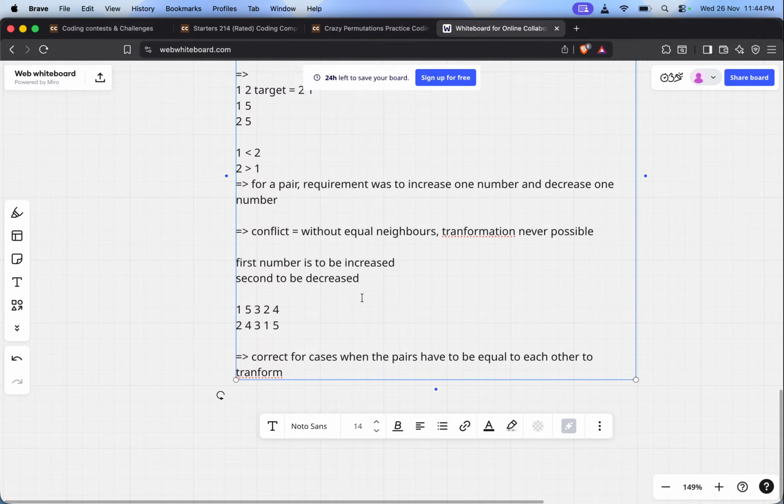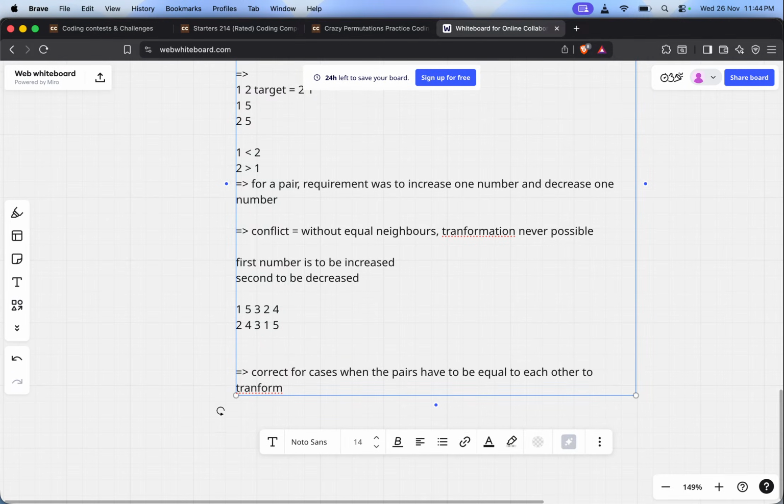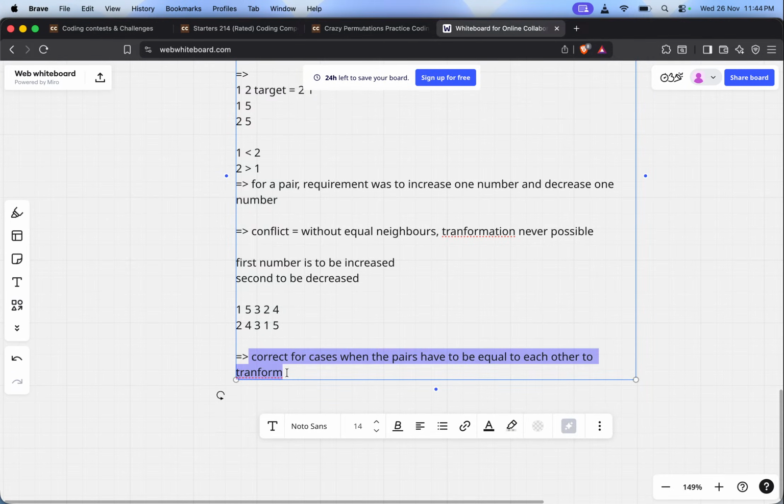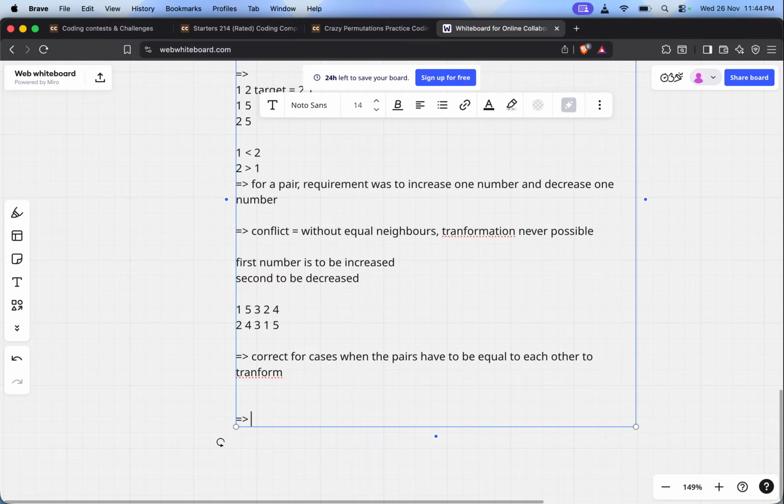Alright. So our previous observation was that this should hold for all cases to be transformed, and during the transformation, the first number should never collide or conflict with the second number. So how can we write this in the form of a mathematical expression? Let's say A_i was initially greater than the next element, and B_i requires it to be smaller than the next element.